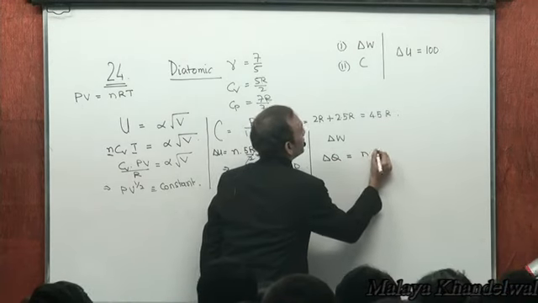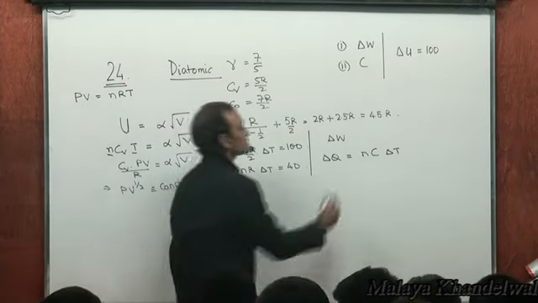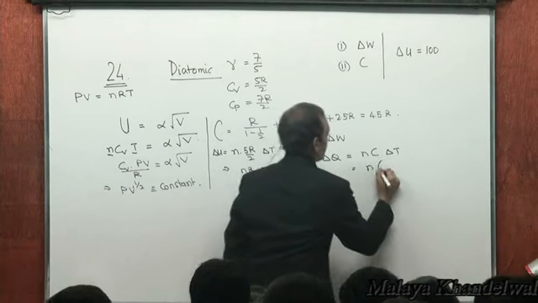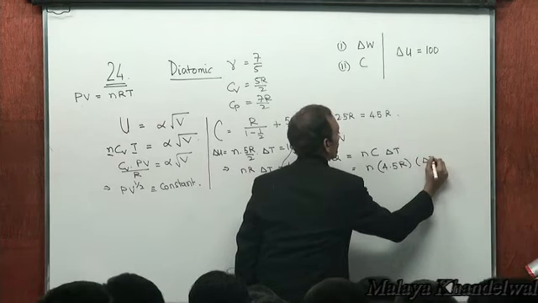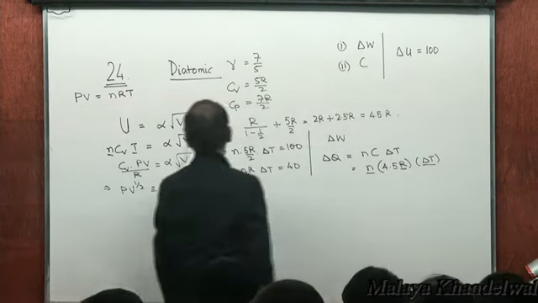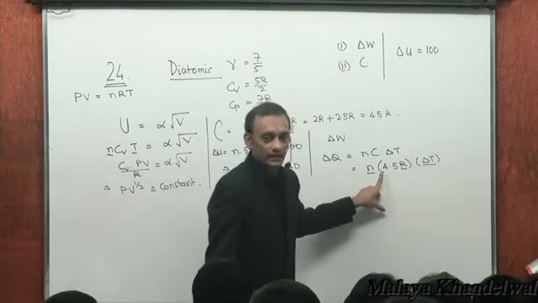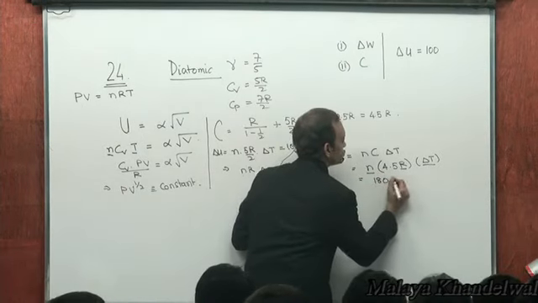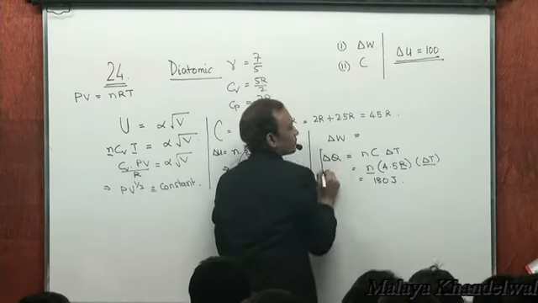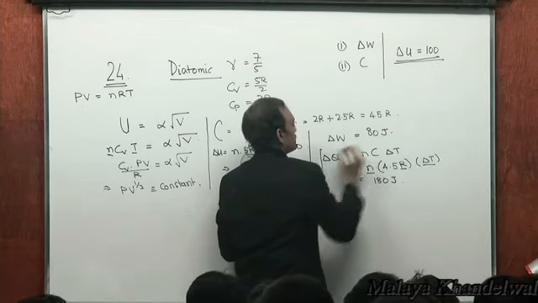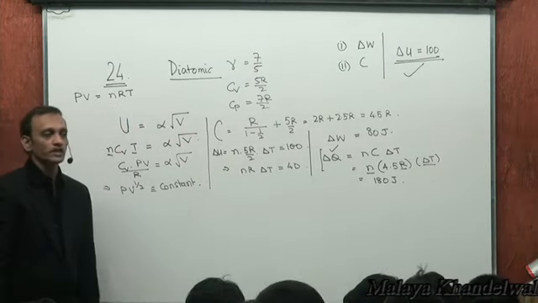Heat supplied would be nC delta T, which is n into 4.5R into delta T. But nR delta T is 40, so 40 into 4.5 is 180. So heat supplied is 180 joules. Change in internal energy is 100 joules. Therefore, the work done must be 80 joules. Heat supplied minus change in internal energy, that's the work done.